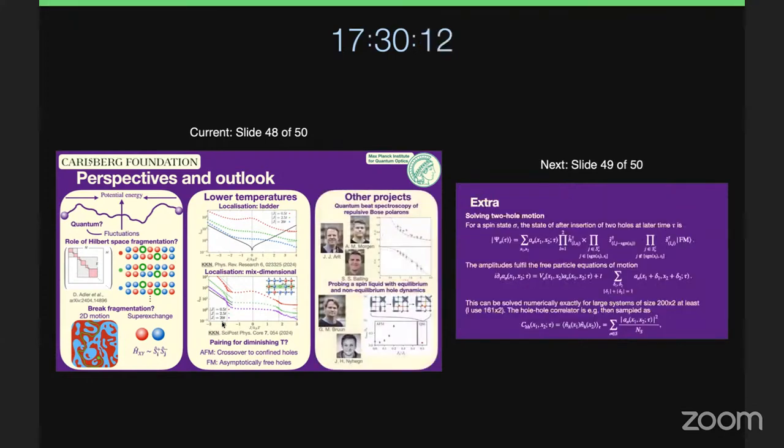Okay, and then finally, let me just flash a couple of other projects that I've been involved with recently. So there's a very nice experimental work by the group of Art, in which they use quantum beam spectroscopy to look at the repulsive side, so repulsively interacting impurities with the background BEC, and use this beam spectroscopy trick to get out both the energy of the attractive and repulsive branch.